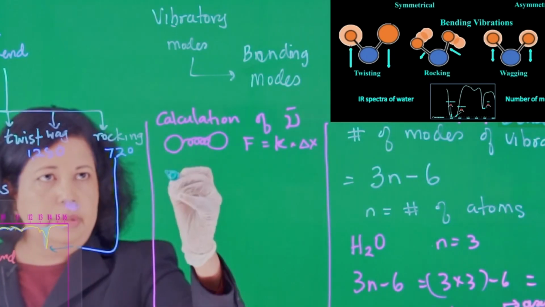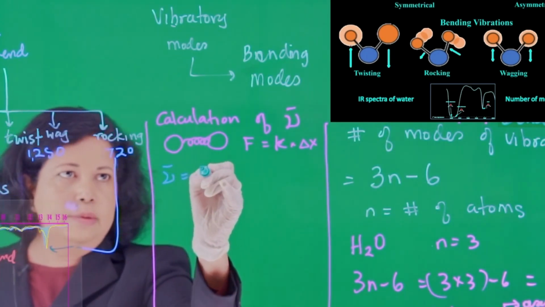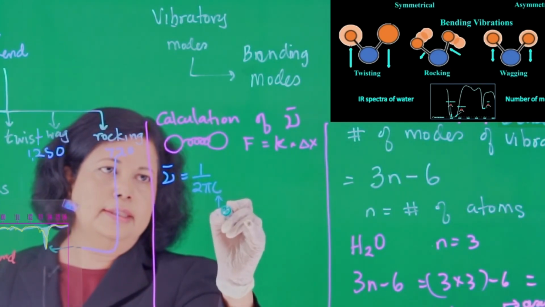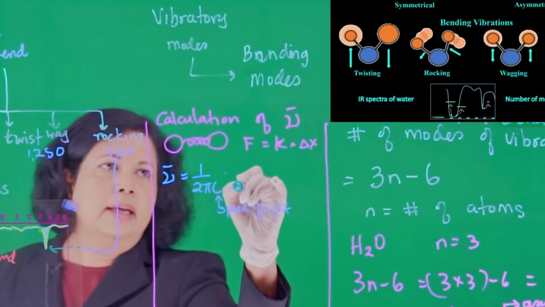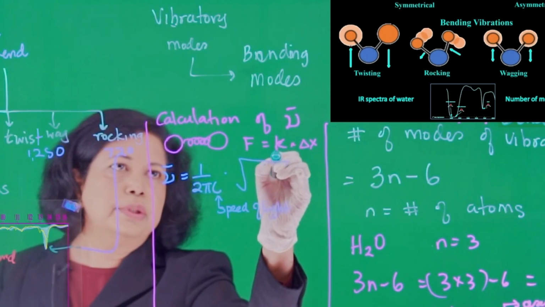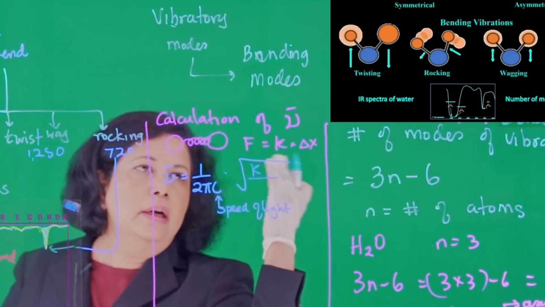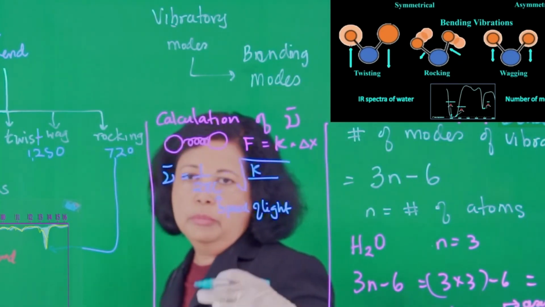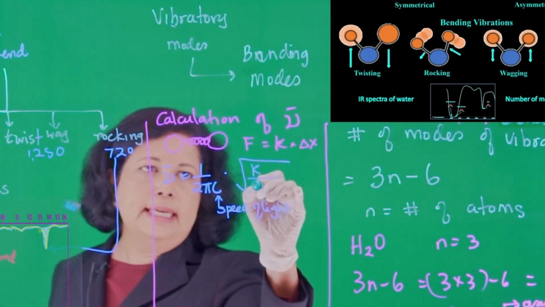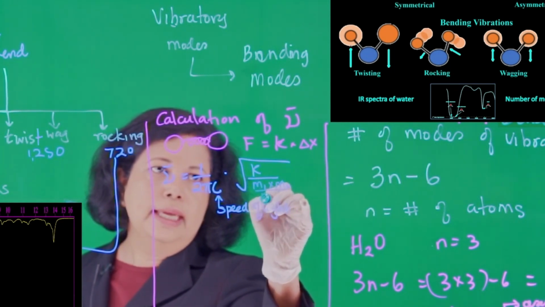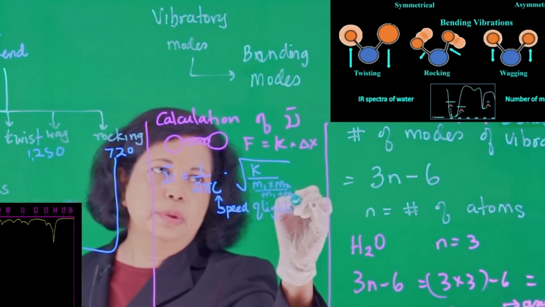So our wave number here is 1 over 2 pi c, which is the speed of light, times square root of the same force constant k over a reduced mass or mu, which is basically m1 times m2 over m1 plus m2.